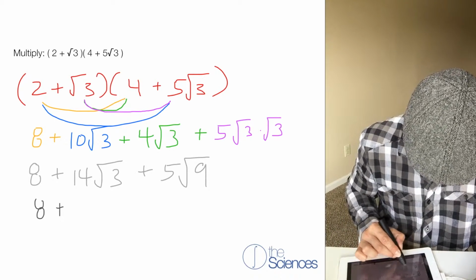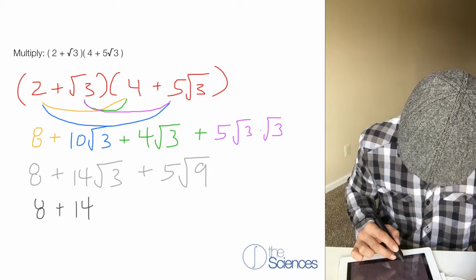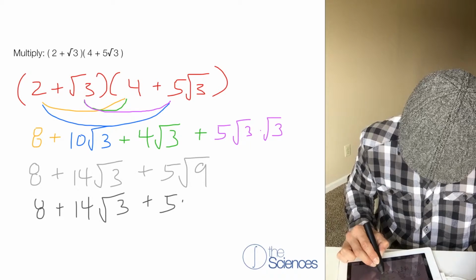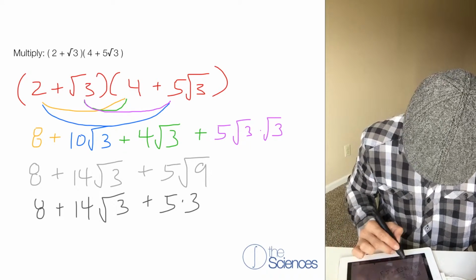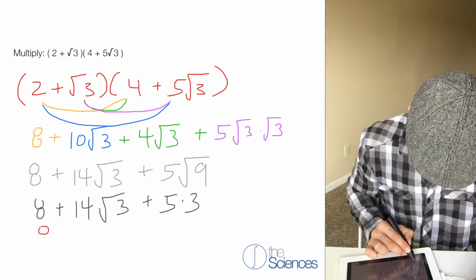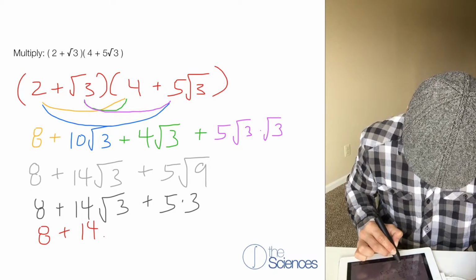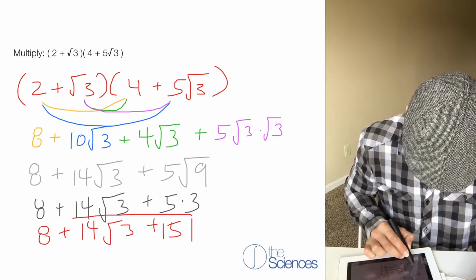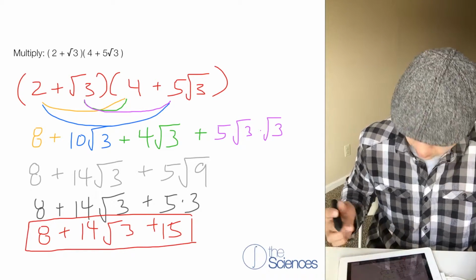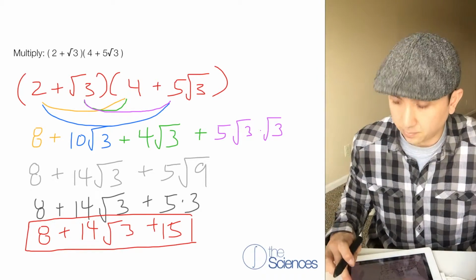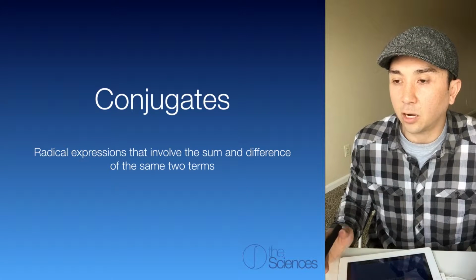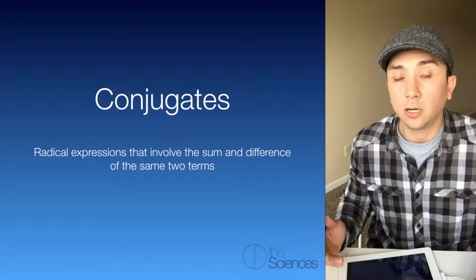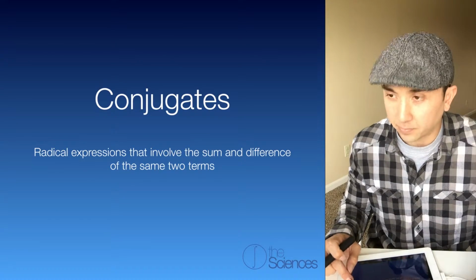So we can simplify this even further into 8 plus 14 square root of 3 plus 5 times 3, which gives us 8 plus 14 square root of 3 plus 15. So that's our answer.